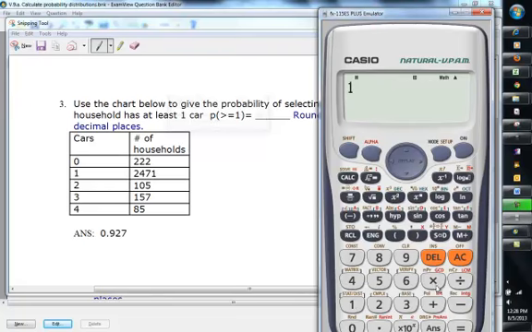We'll do 1 subtract the fraction of 0 cars, 222 over 222 plus 2471 plus 105 plus 157 plus 85 is 91.927.